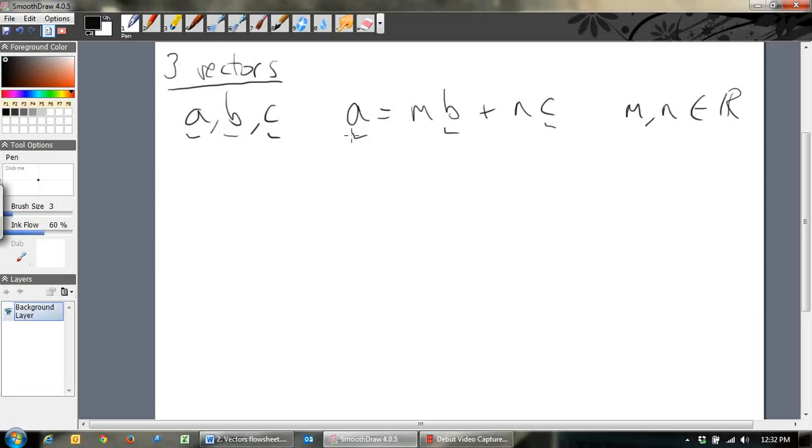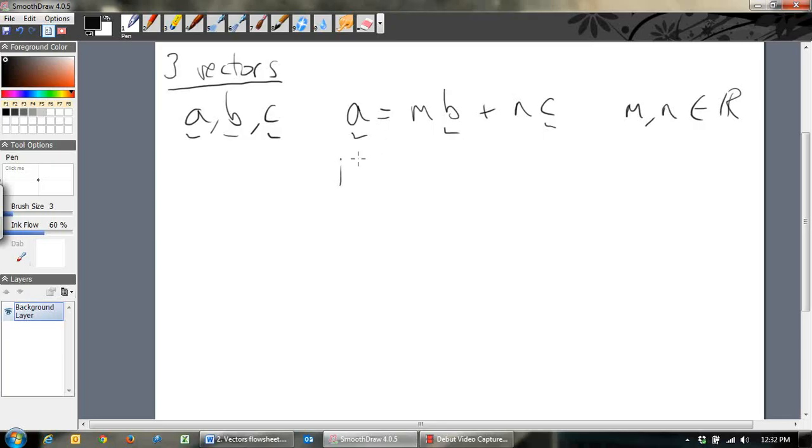That is basically what we're looking for. If you're given three vectors and asked whether they are linearly dependent or independent, all you have to do is try and solve this equation, and it will give you simultaneous equations. If there is a solution, then they are linearly dependent. If there's no solution, then they're linearly independent.